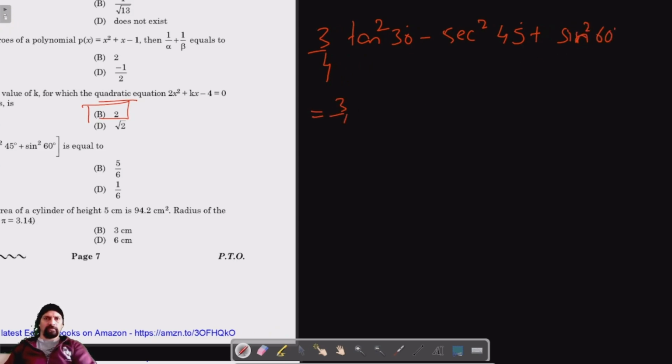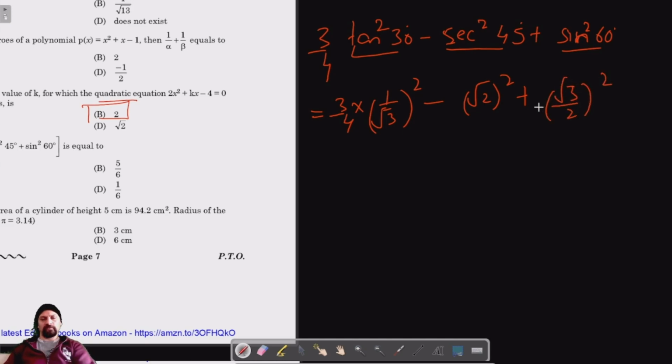Okay, we have to replace the values. Now tan 30 is 1 by root 3, so it's squared. Now secant 45 is root 2, squared, and sine 60 is root 3 by 2, the whole square.